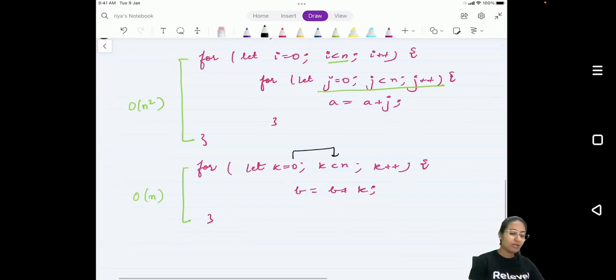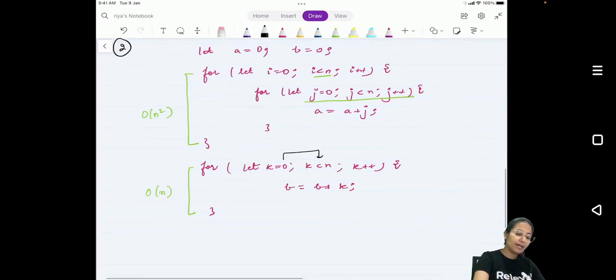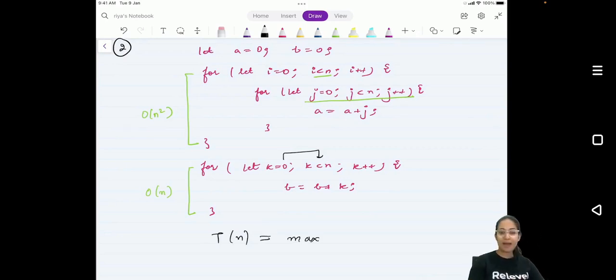Now to compute the total complexity of this approach, when you have two parallel loops, you basically always take the maximum of those and then try to find the complexity.